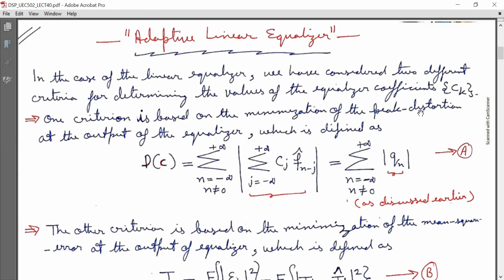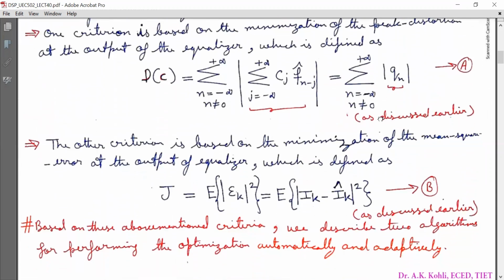The other criterion is based on the minimization of mean squared error at the output of equalizer, which is defined as J equal to expectation of magnitude EK square, which is further equal to expectation of magnitude IK minus I cap K square.